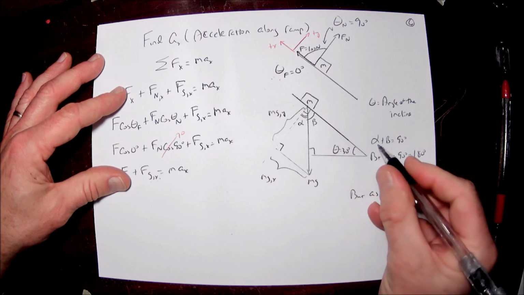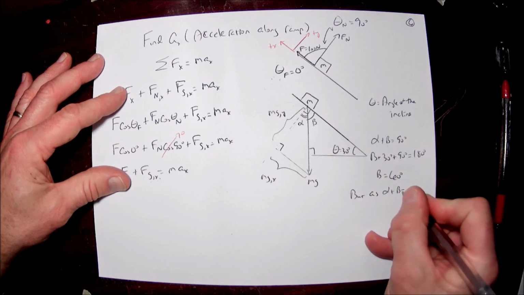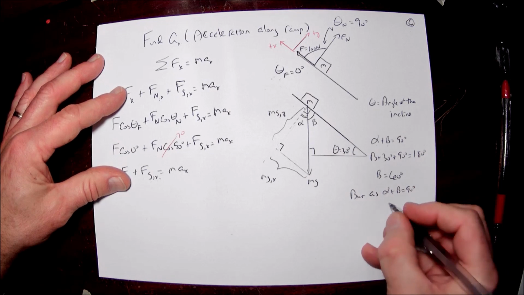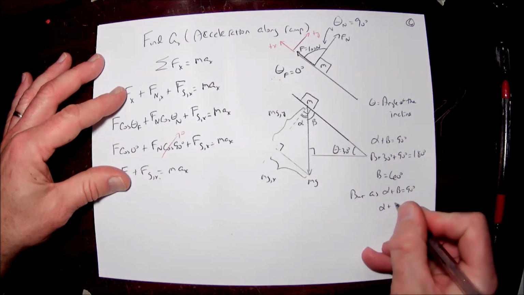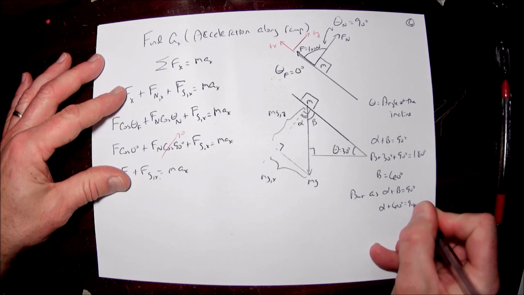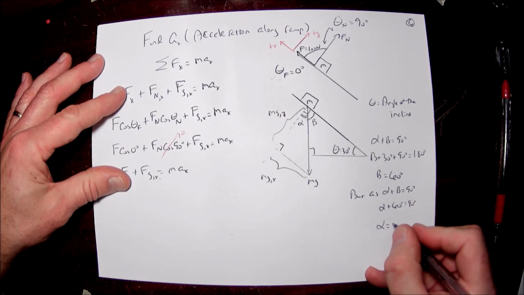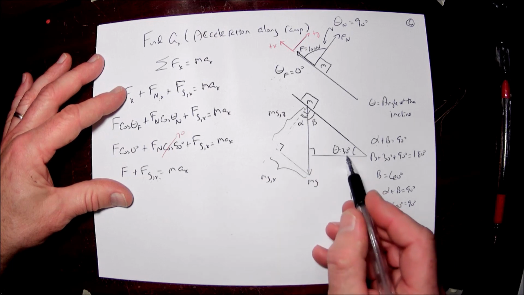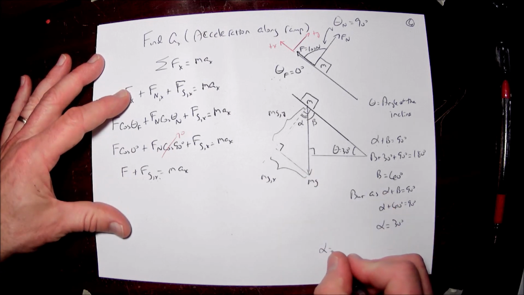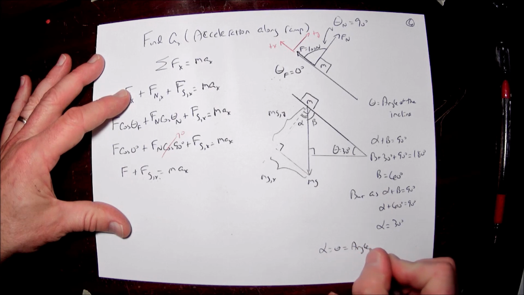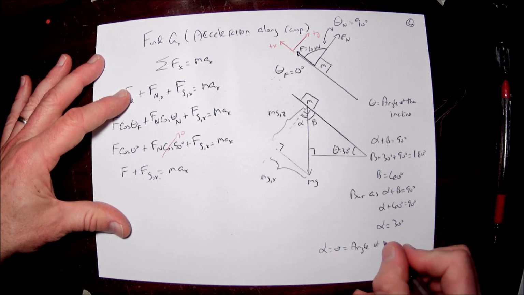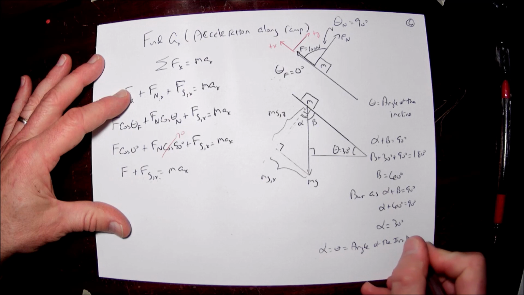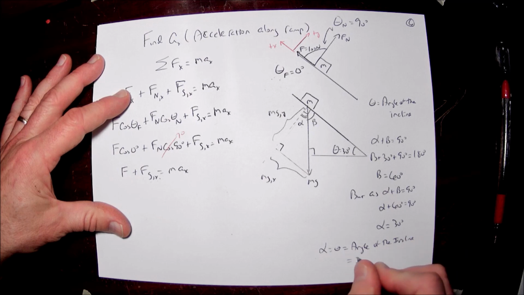But as alpha plus beta equals 90 degrees, substituting good old 60 for the beta, we see that alpha equals 30 degrees. Hey, isn't that a coincidence? And it's not. Alpha equals beta equals the angle of the incline, or the angle of inclination.